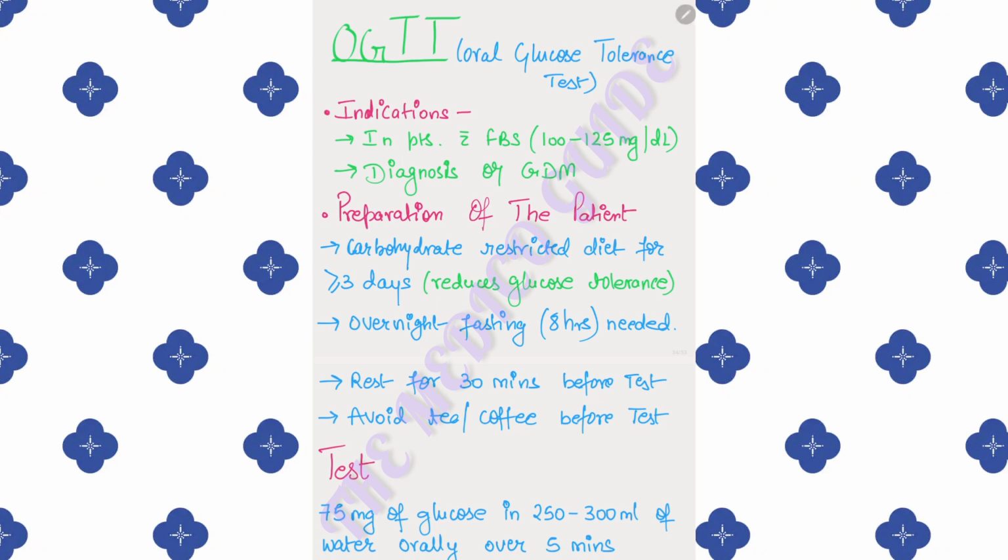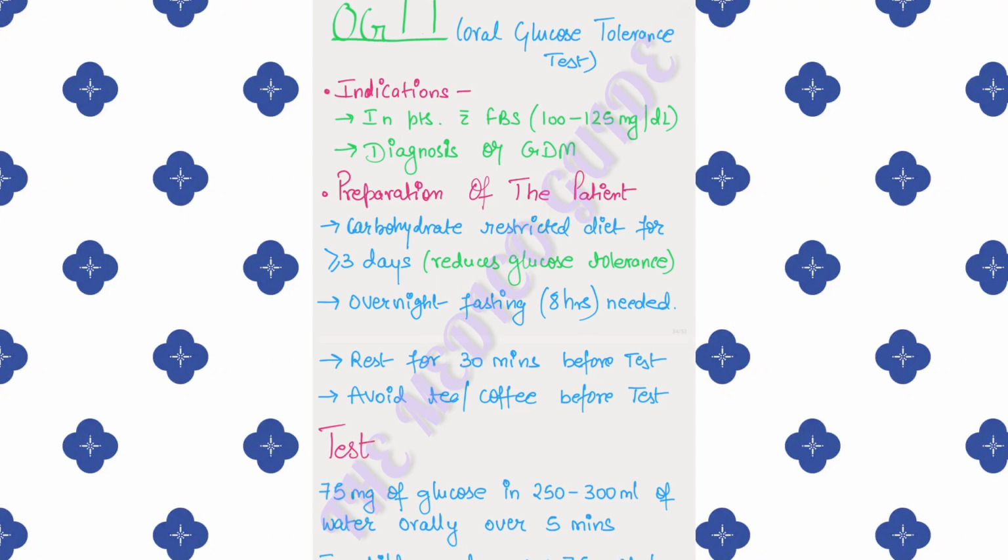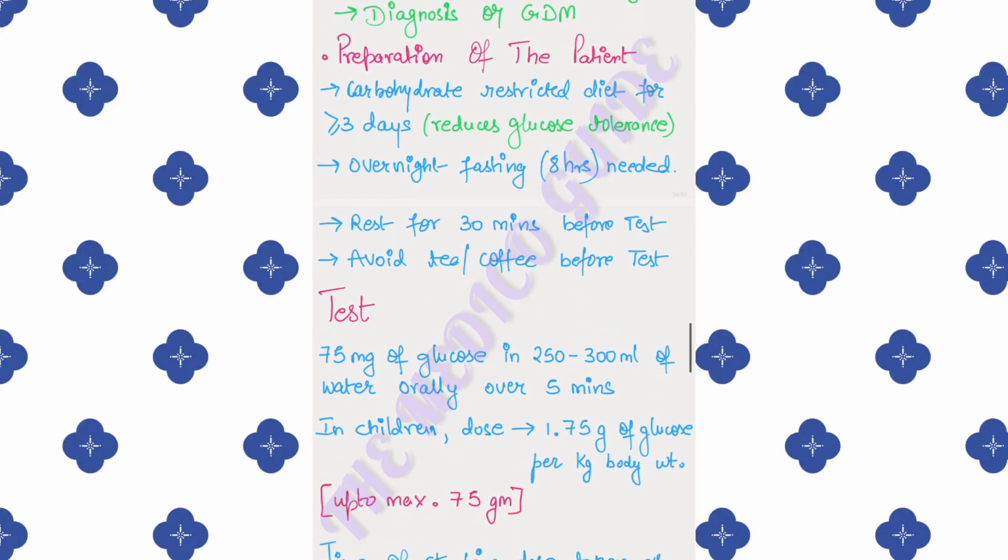If the fasting blood sugar level is more than 100 but less than 125, then we prescribe the OGTT. Second is the diagnosis of gestational diabetes mellitus using the DIPSI criteria in India.